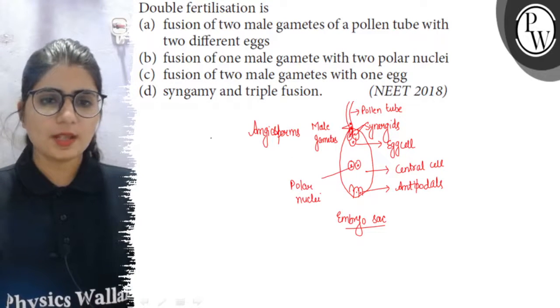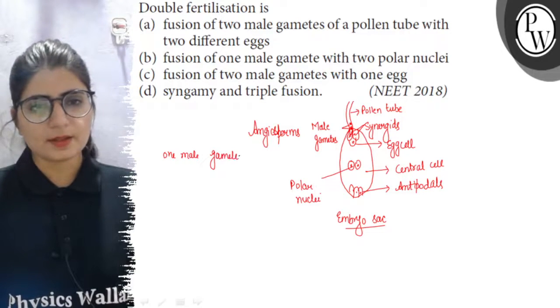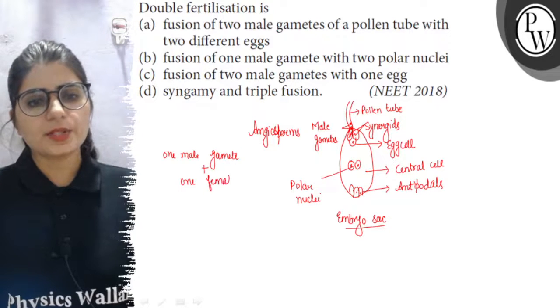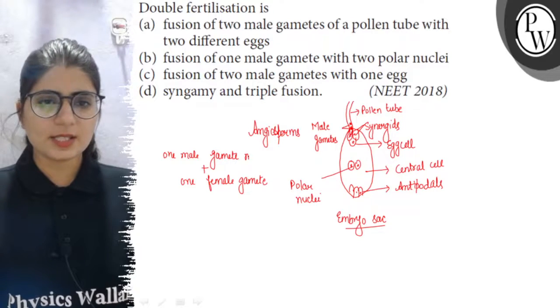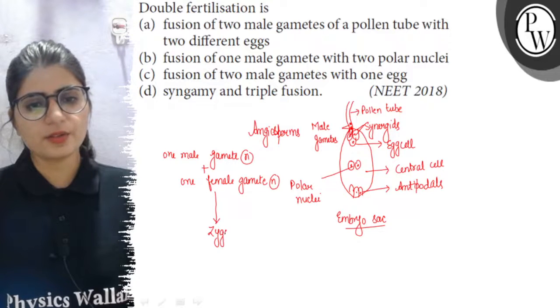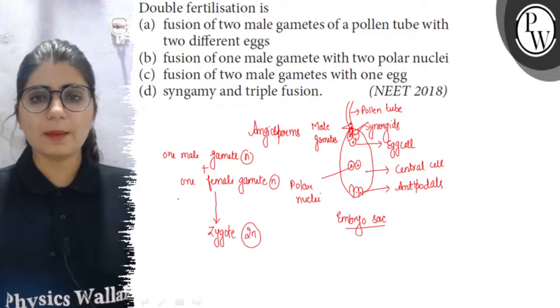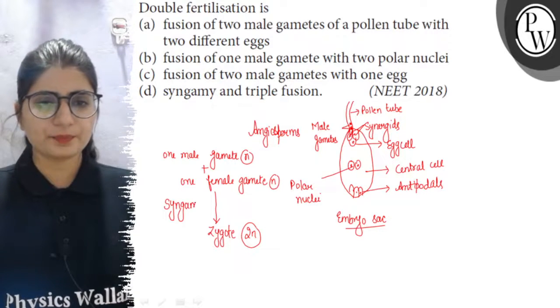Now out of these, one male gamete fuses with one female gamete and it forms a diploid structure, as these both are haploid cells. So these will form a diploid structure known as zygote, and this act of fusion of one male gamete with one female gamete is called syngamy.